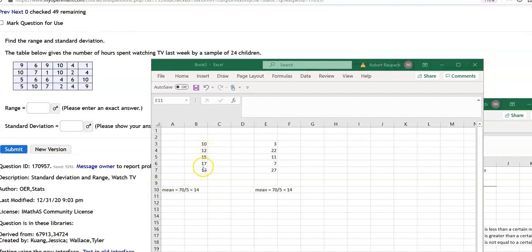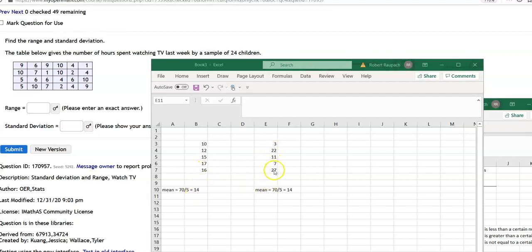If I take all the test scores, or any data, whatever it is, add them up, and divide by the number of data, you total these up, you get 70, divided by 5 is 14. You notice that this has the same average. You total them up, you get 70. You divide by 5, you get 14. But you'll notice that all these are very close to the average of 14: 10, 12, 15, 17, 16. They're all pretty darn close to 14.